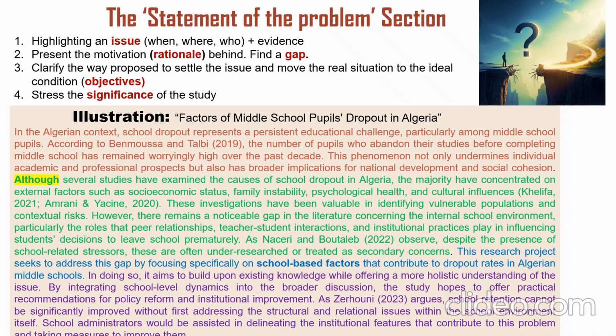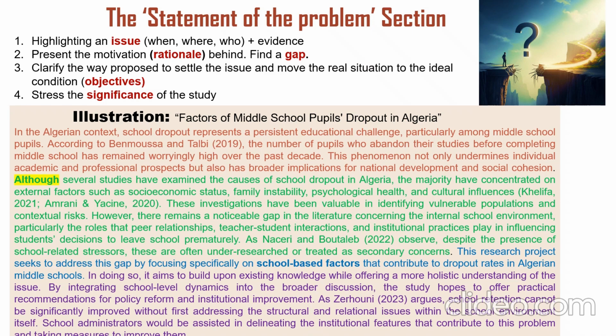That is to say, the context is the Algerian context. This is said very clearly at the beginning: in the Algerian context. Then the when, in the third line, we have over the past decade, and the who, here we have middle school pupils. So they are very clear and very precise.